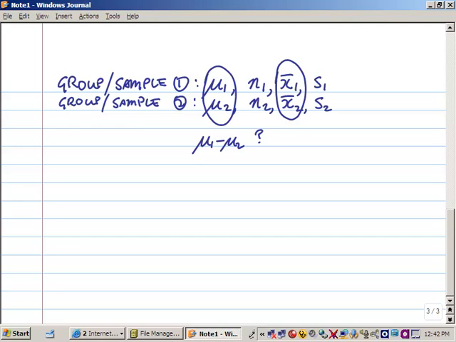Alright, but sometimes, rarely, instead of those two being given separately, you'll be given one number for the difference, x bar 1 minus x bar 2. Alright, let's have a look at a problem, and you'll see how simple these are.